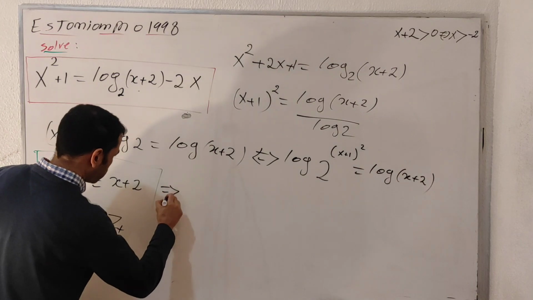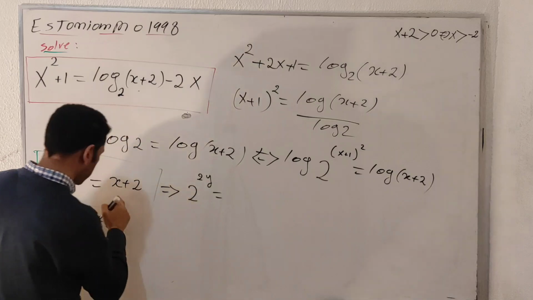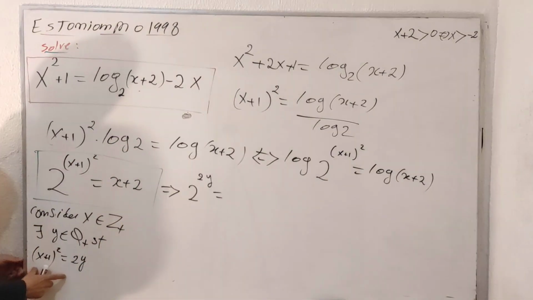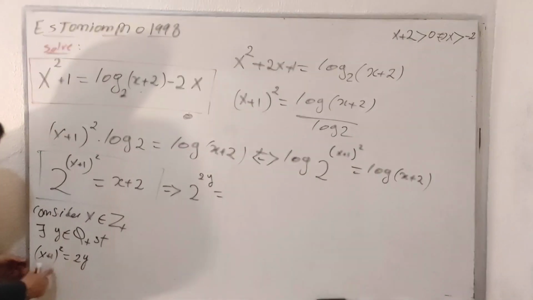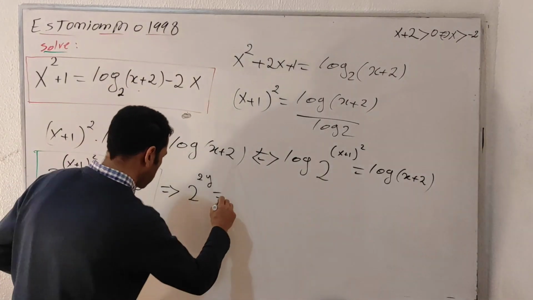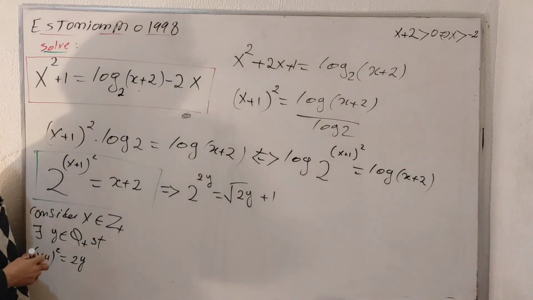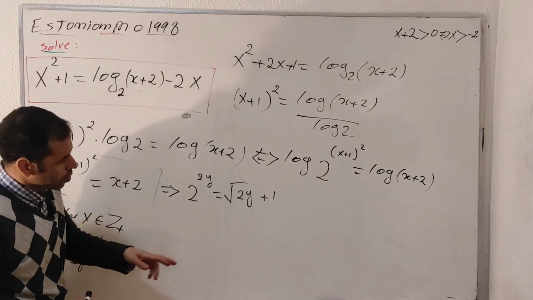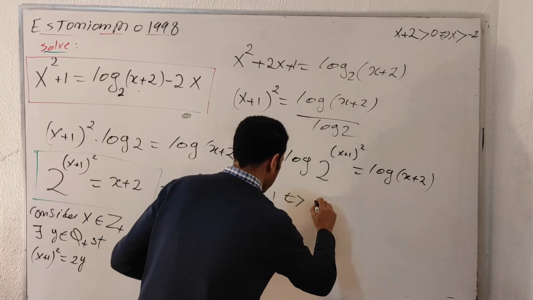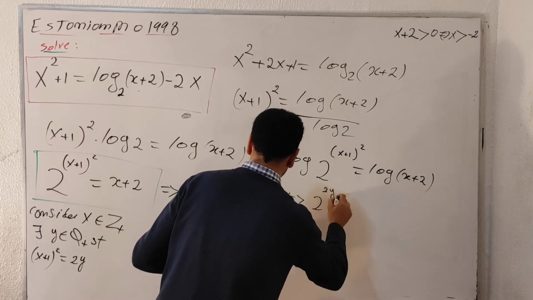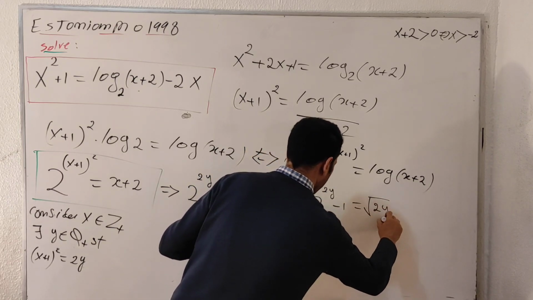This gives us 2 to the 2y equals x plus 2. By applying the square root on both sides, I will get x plus 1 equals square root of 2y. Moving the number 1 to the left, I will get 2 to the 2y minus 1 equals square root of 2y.